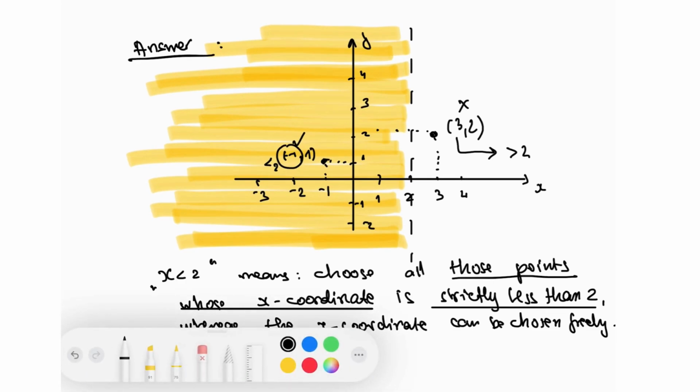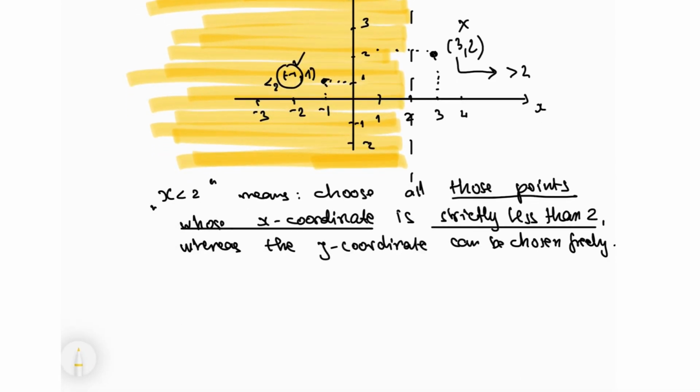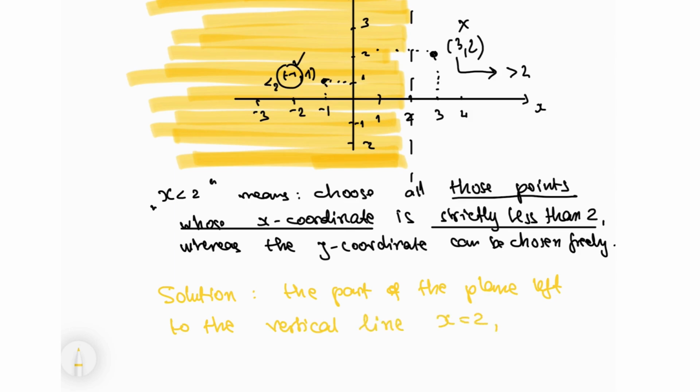And we can write the solution: the part of the plane left of the vertical line x equals 2, excluding that line.